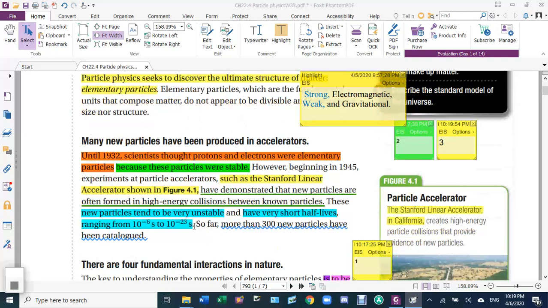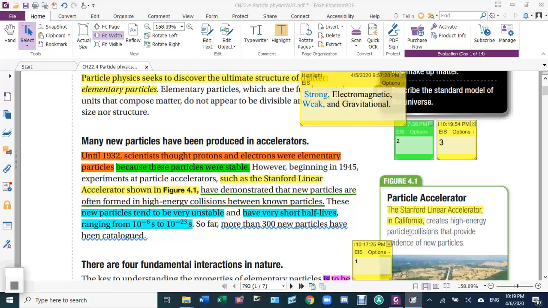Now we are going to discuss how many new particles have been produced in accelerators. In 1932, the scientists thought protons and electrons were elementary particles. The reason was that the particles were stable.